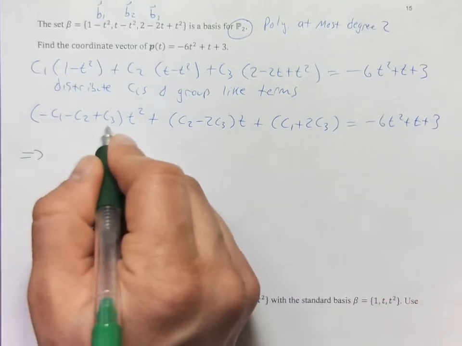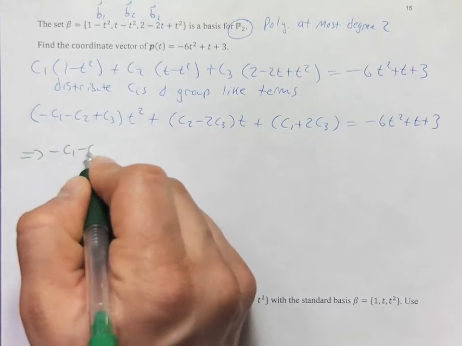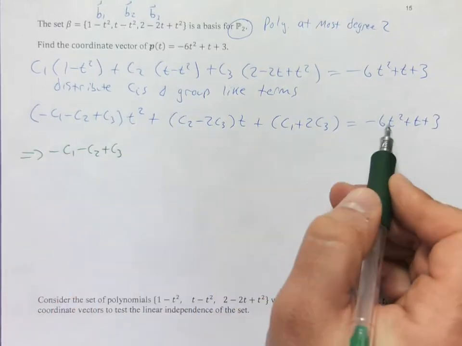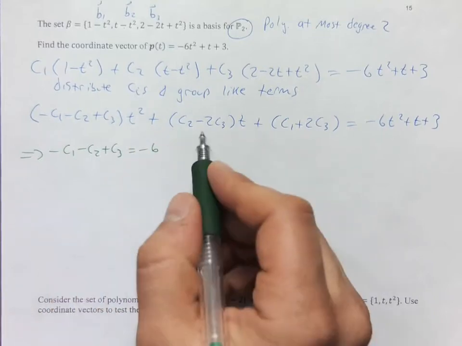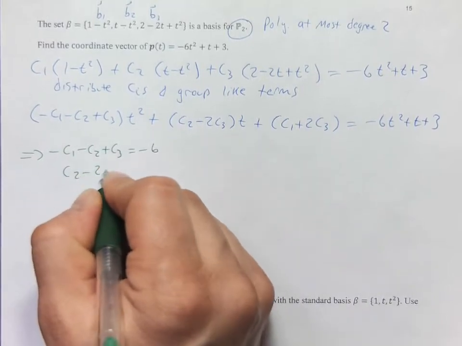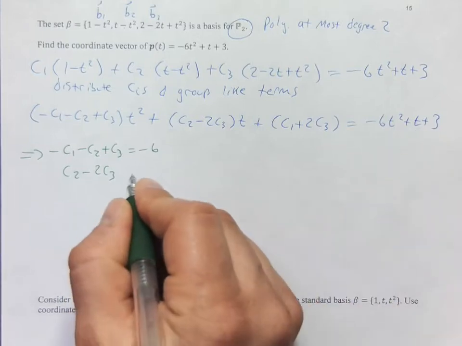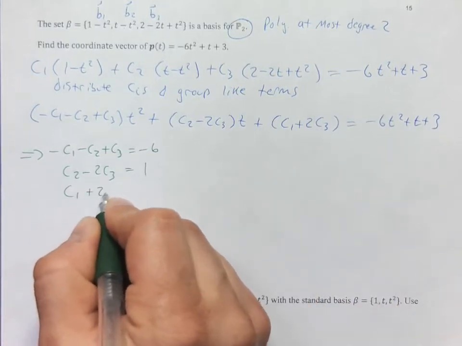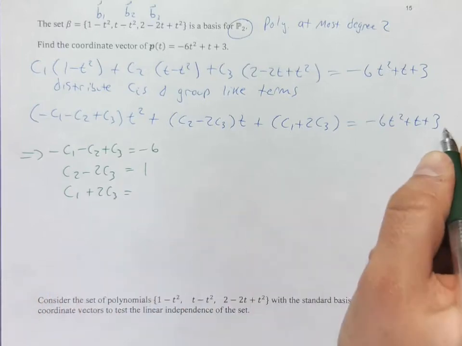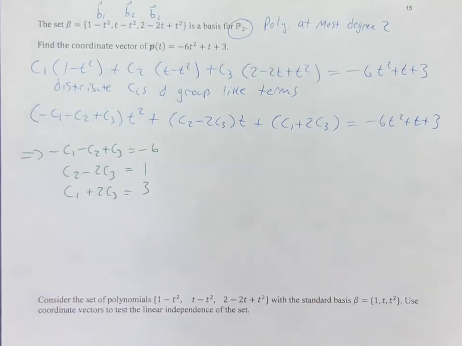We want minus C1 minus C2 plus C3 to be the t squared coefficient, negative 6. We want C2 minus 2C3 to be the t coefficient, 1. And then we want the constant, C1 plus 2C3, to be 3. And so this is a system of 3 unknowns with 3 equations.